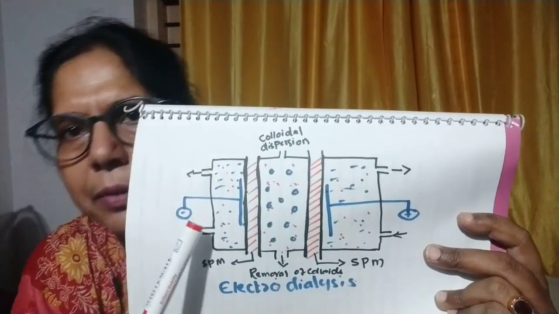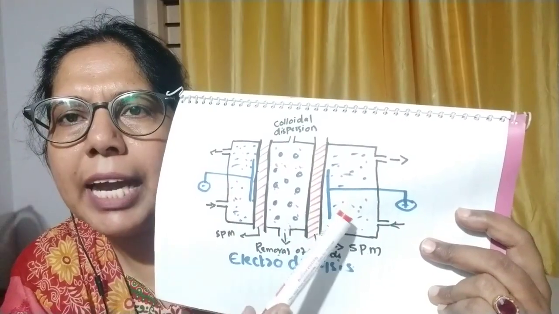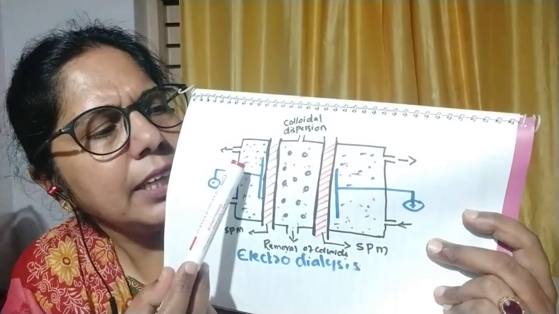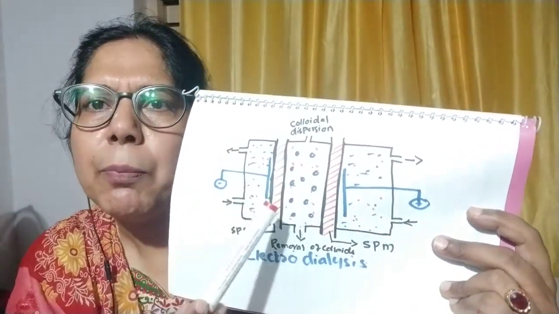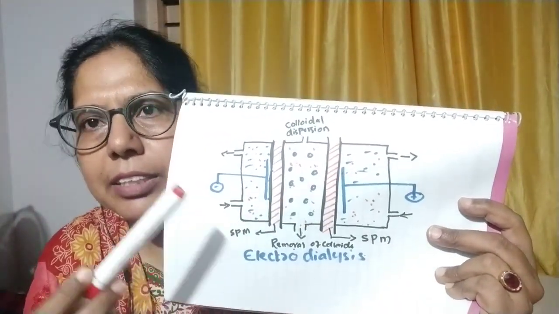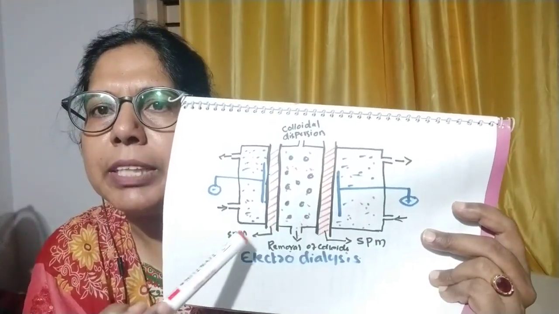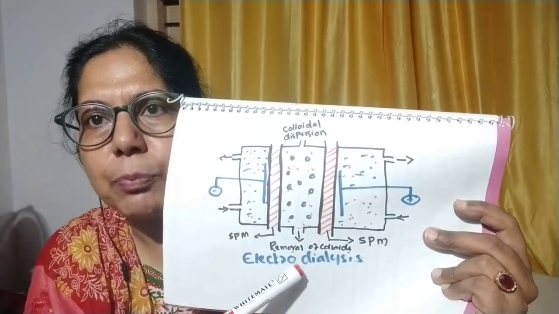The electrodes attract the cations and anions. Once we apply the potential difference, what happens? The ions, that is the electrolytes present in this, will get purified by the electrodialysis process.